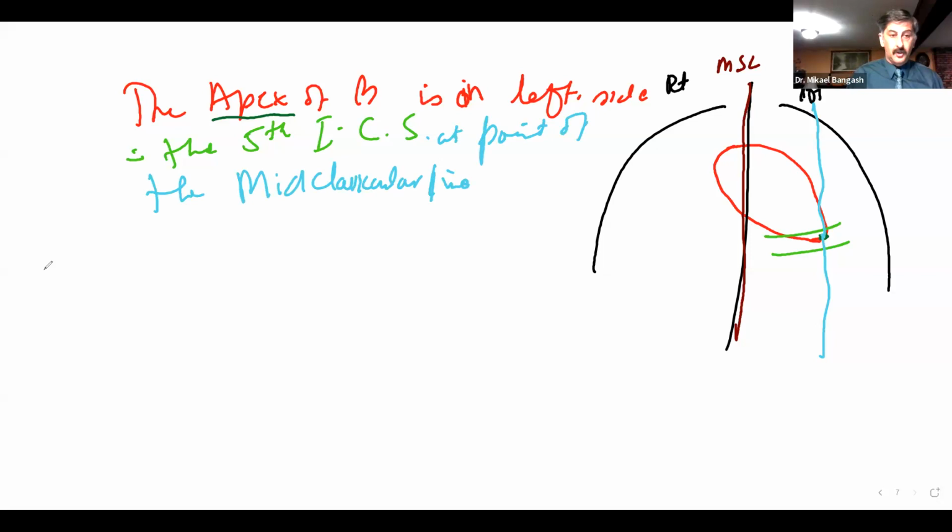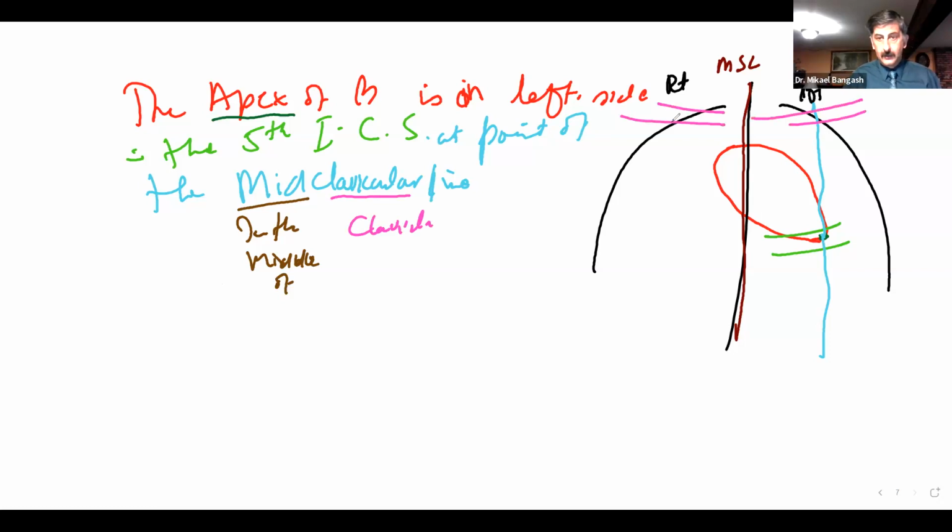Which means it is a sagittal line that runs in the middle of the clavicle, or your collarbone. Up here we have the collarbones. So it's a sagittal line that runs right in the middle of the clavicle and straight down in the sagittal plane.